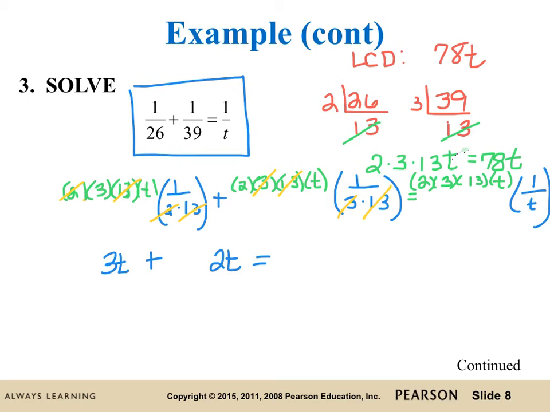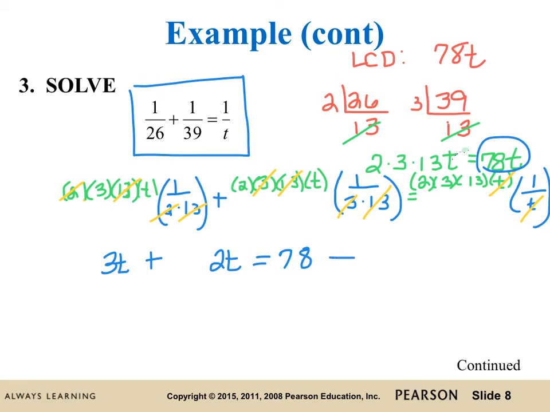And then at the end, on the other side of the equals, we only get rid of the t, so what we have left is 2 times 3 times 13, which is, as we already know, 78. We've only gotten rid of the t.